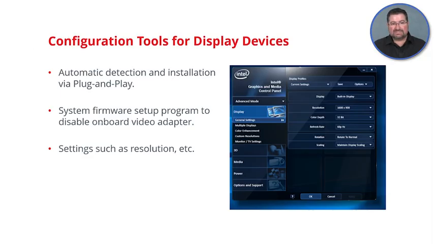We can also use the system firmware setup program to disable onboard video adapters. So what we're saying here is we can go into the motherboard software, which we're going to learn a lot about in later chapters, and we can shut off our video display adapter. Again, I talked about this.